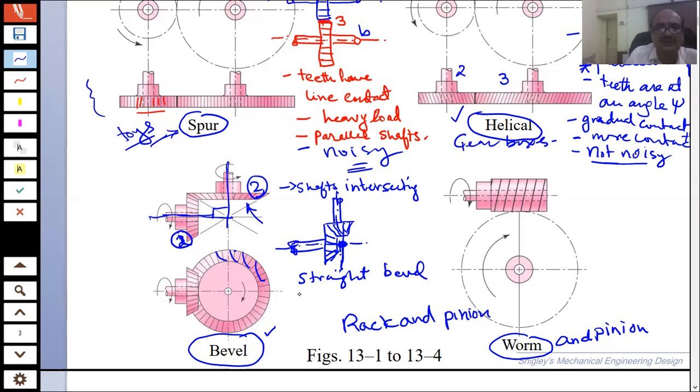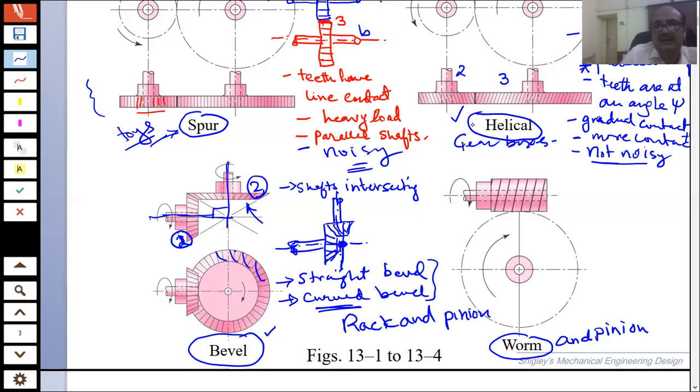So it is not necessary, but you can see both these bevel gears in systems. This one will have more contact area for the gears, and therefore will transmit more power.